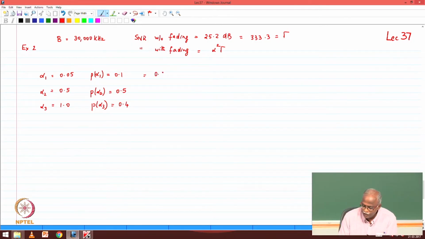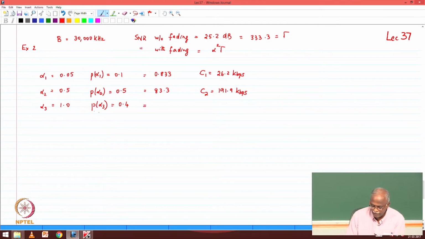This corresponds to 0.833, and this corresponds to a channel capacity of 26.2 kilobits per second, because of the low SNR. This corresponds to 83.3, and the capacity for this is 191.9 kbps, and the alpha equal to 1.